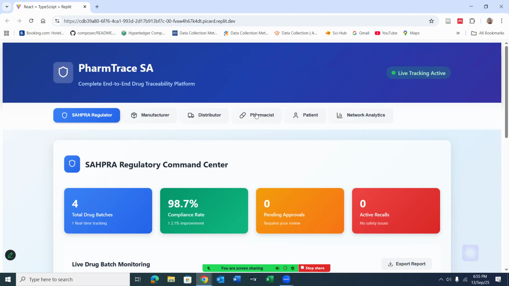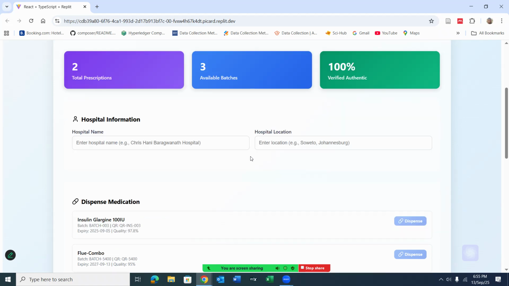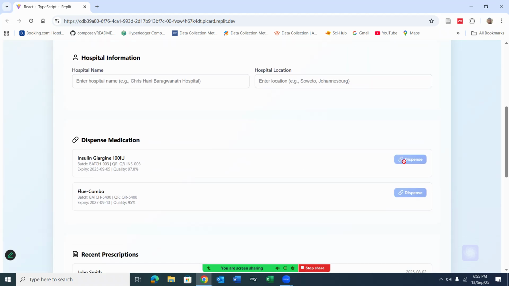So now we can come back to the dashboard of the pharmacist, whereby the pharmacist or the doctor or the nurse or whoever is responsible at the hospital to receive that can log in. We can see that they will have to enter the hospital name and the location of the hospital before they can interact with the system. However, we can see that the flu combo is already in the hospital, right?